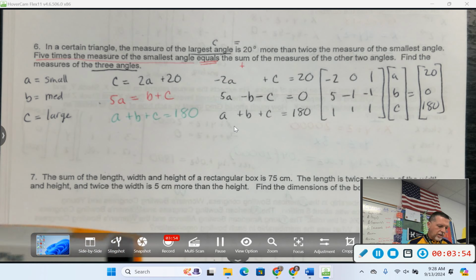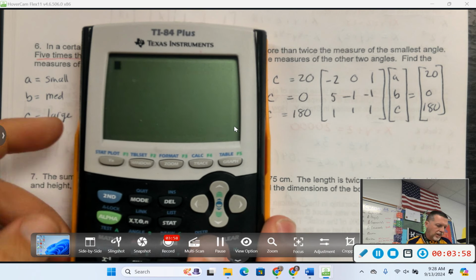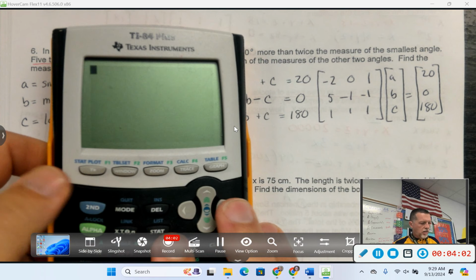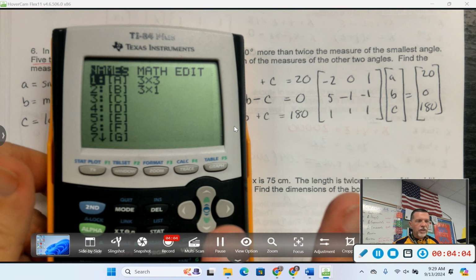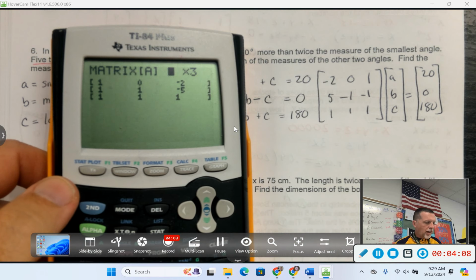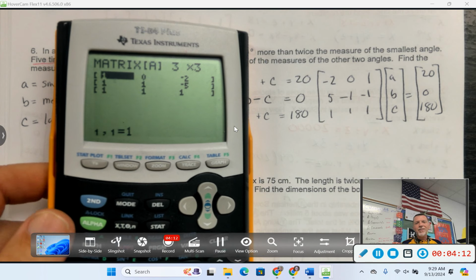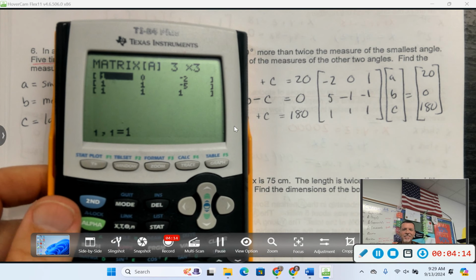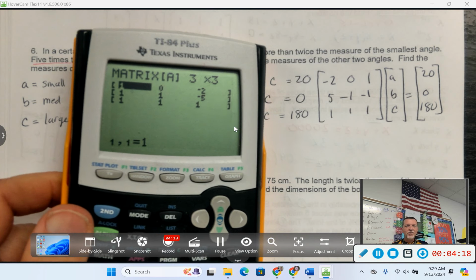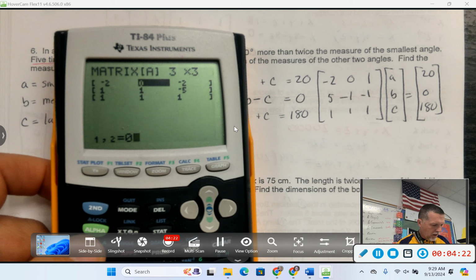Now, we're not going to do it on the calculator, but I want to show you how easy it is on the calculator. So you're done taking notes, but just watch this. So matrix, again, you don't have to know this. You won't have a calculator. You don't need to do this. I want to edit my 3x3 matrix. You might be able to tell by looking that the last time we did this, I'd used different small, medium, large, so my equations are a little bit off now, so I need to change these up.